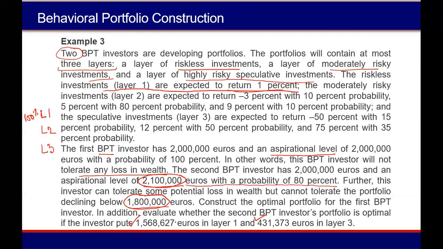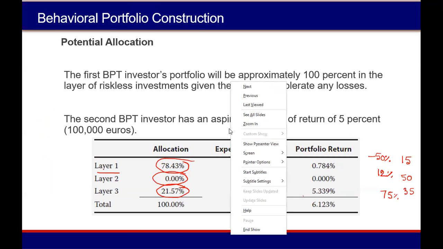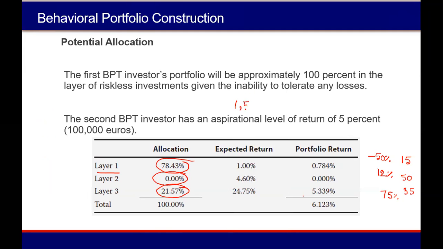So how much investment is he making in layer 1? This amount, 1.56867 million. If I write this figure here, 1,568,627, and the investor is expecting to get how much? 1% return from this layer 1, and there is no investment in layer 2, so there is no chance of including this in the total return calculation.